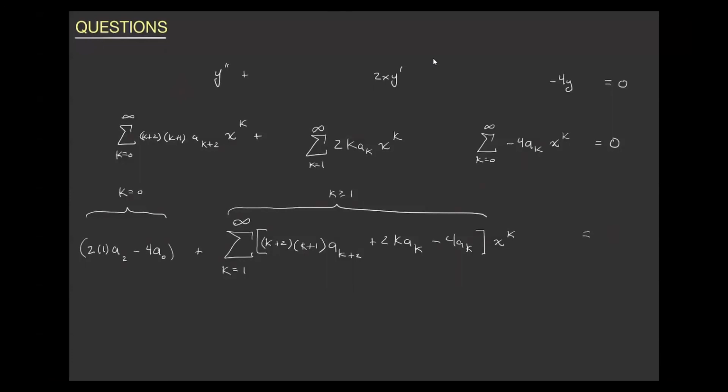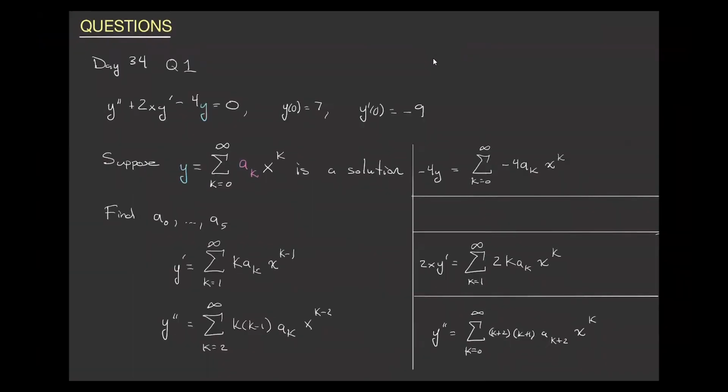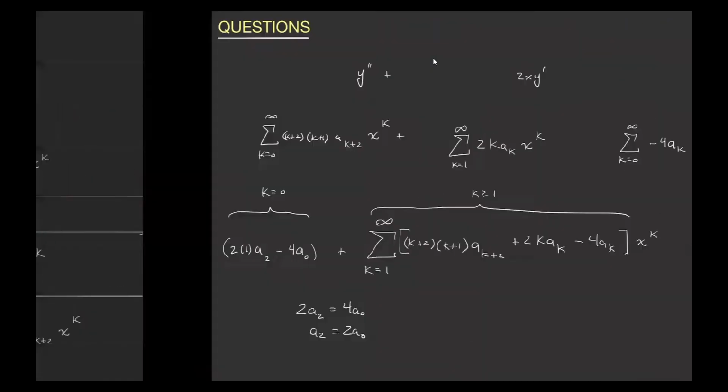Then from here, what we do is we say the first term has to be equal to 0. And that gives us a relationship between the two. So we say 2a sub 2 is equal to 4a naught, or a sub 2 is equal to 2a naught. And in particular, I'm going to jump back, we said that y of 0 is equal to 7.